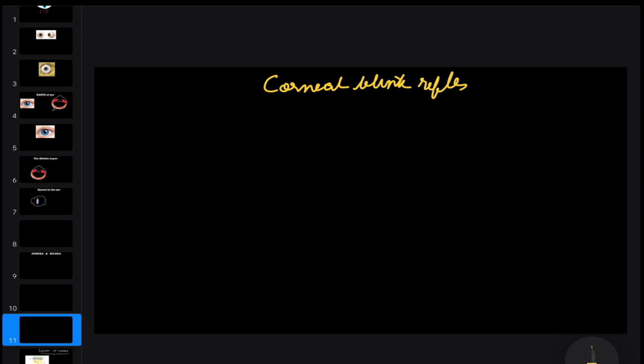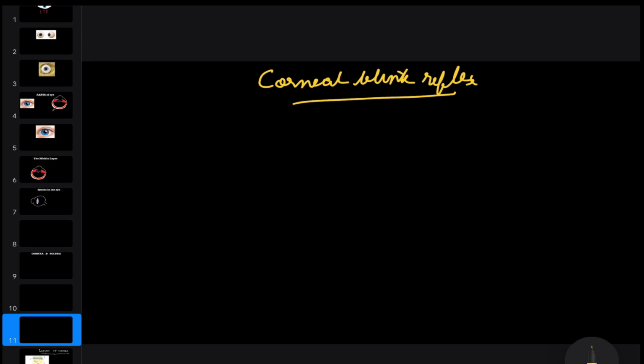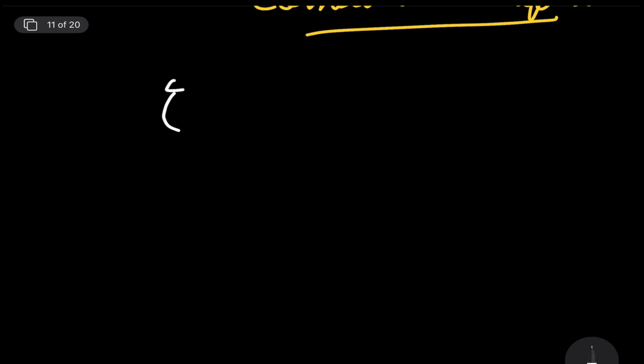Obviously, by now, all of you know this: I take a cotton wisp, I touch the patient's eye, or rather not the eye itself, but the cornea.